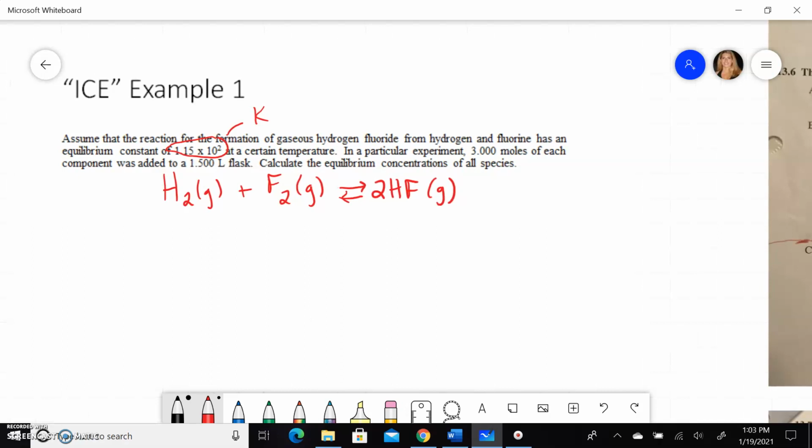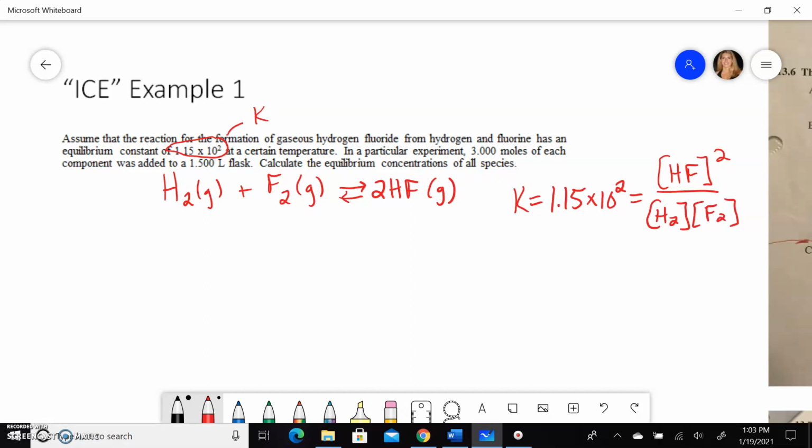We also can write out K because it gives us K in the question. And we know that based on that reaction, K is equal to the products. In this case, our product is HF. And we're going to raise that to the second power because of that coefficient 2. And then over the reactants. And these don't have coefficients, so they won't have any exponents.